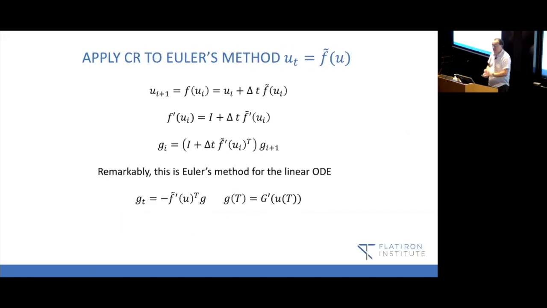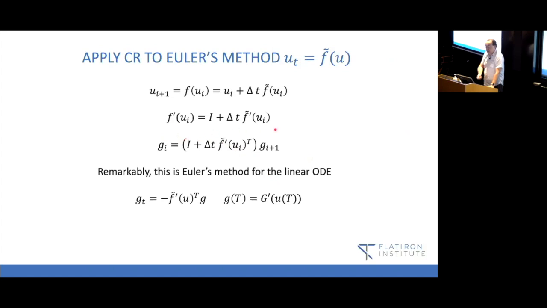So let's now take this and apply it to using Euler's method for u_t equals f tilde. And notice that my ODEs are always defined with an f tilde, while the f is the ODE integration scheme, or the thing that I'm chaining. So we just write down a step, and we know we need to find the derivative of f.